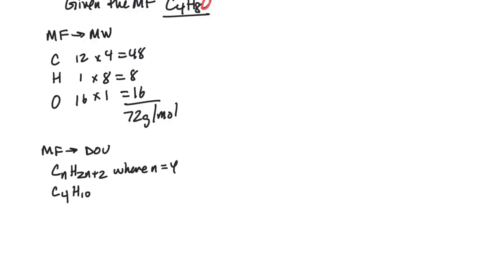So 4 carbons should have 10 hydrogens. Because we have the presence of this heteroatom now, what we have to then do is revise the given molecular formula, C4H8O. We need to revise it in consideration of how the heteroatom affects that count.